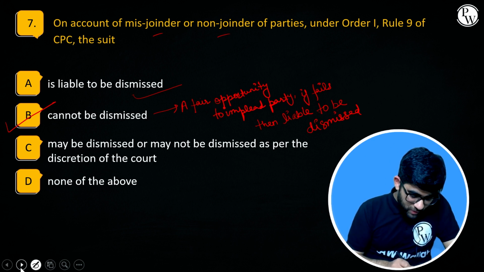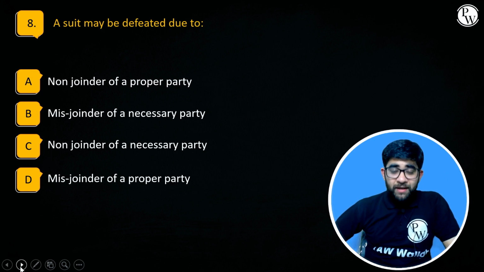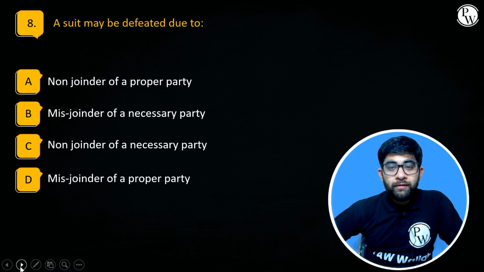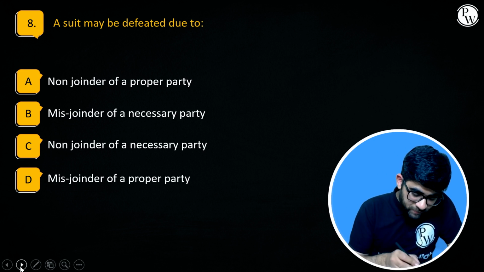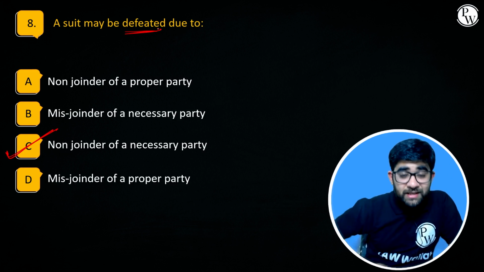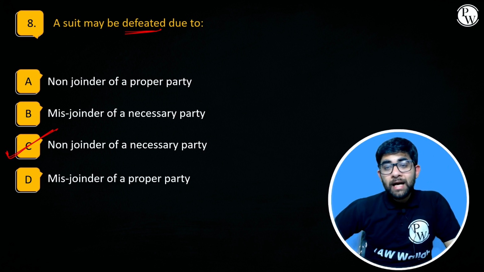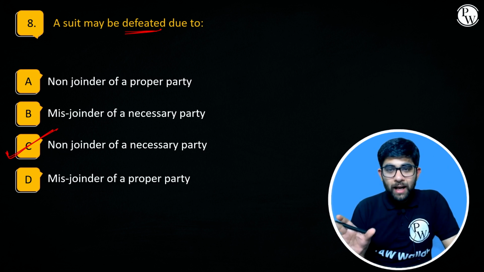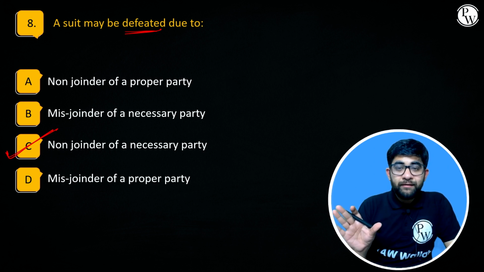Next shall be: a suit may be defeated due to non-joinder of a proper party, misjoinder of a necessary party, non-joinder of a necessary party, or misjoinder of a proper party. The answer to this is simple: non-joinder of a necessary party. It says a suit may be defeated, meaning that the suit is already in trial and it is at the final stage.